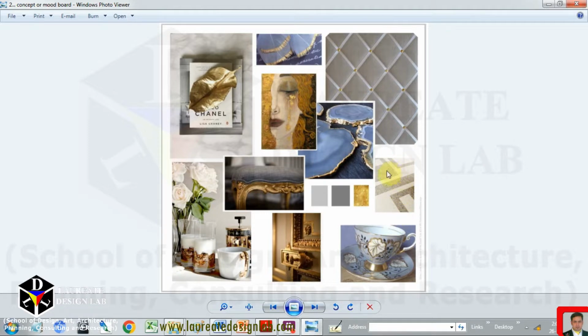For the floor, this is the image. For the wall, this is the image. For the painting, this is the image. For tableware and all, these are the images. For furniture, it shows which style you want. So from these small images, you get to know the mood of the space. This is the first and primary requirement for a designer to compile.